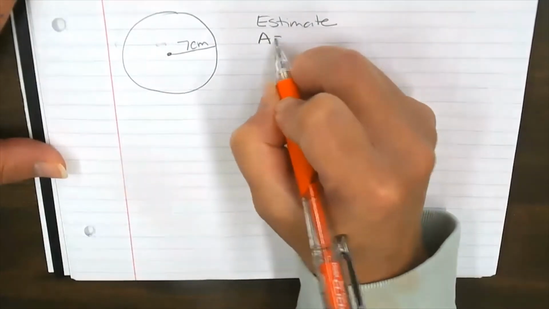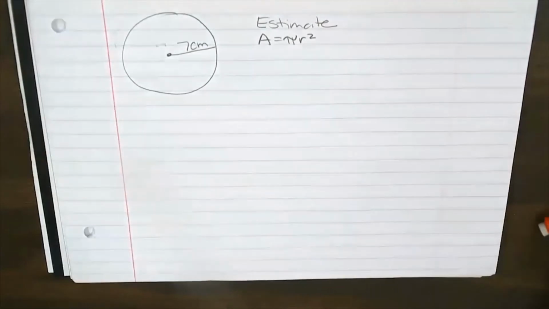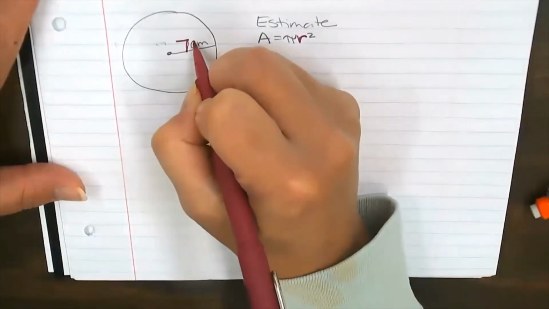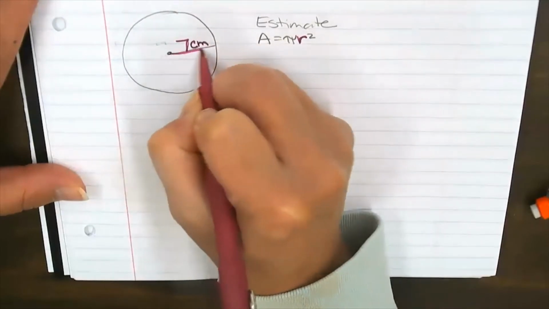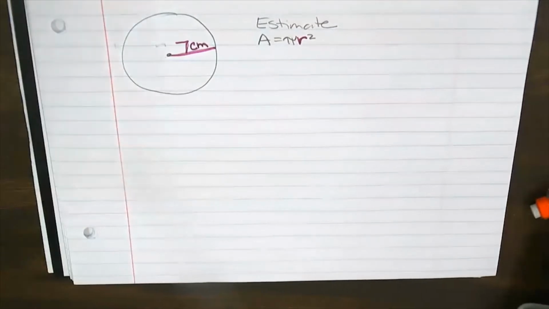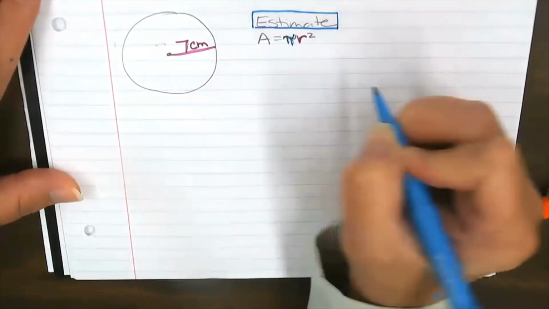Well, we know area is equal to pi r squared, and they've given us the radius. The radius is 7 centimeters. Okay, that's nice.